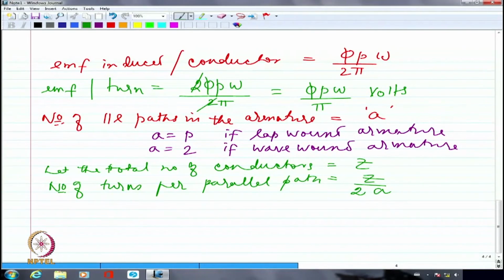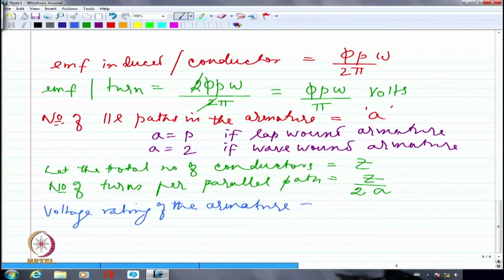So I can just say voltage rating of the armature will be equal to 5p omega divided by pi multiplied by Z by 2A, where A will be equal to 2 if it is wave wound armature, A will be equal to P if it is actually a lap wound armature.